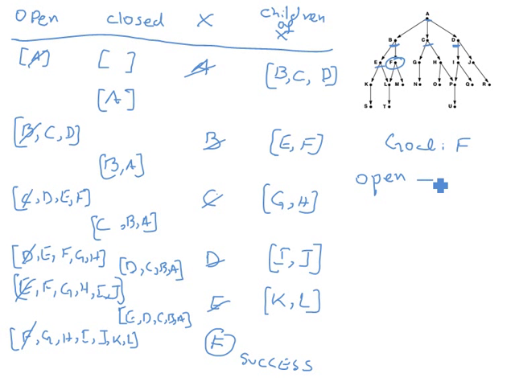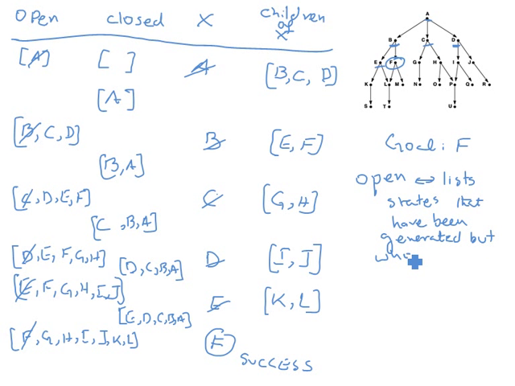It's a list of states that have been generated but whose children have not been examined.